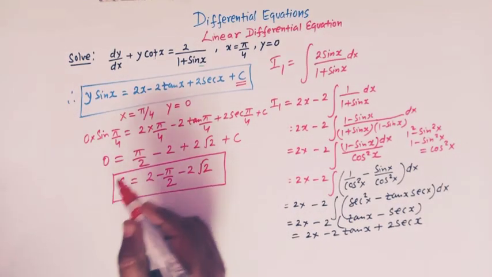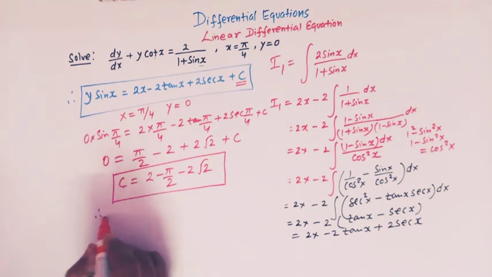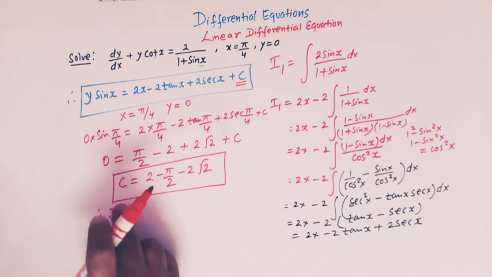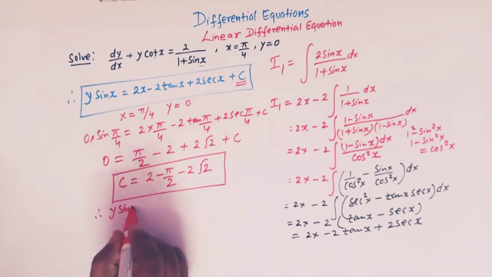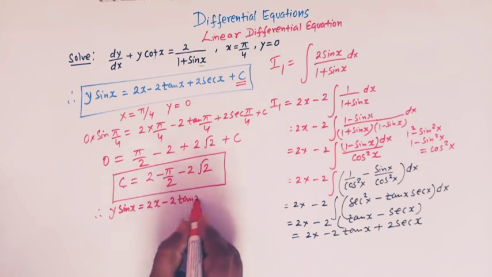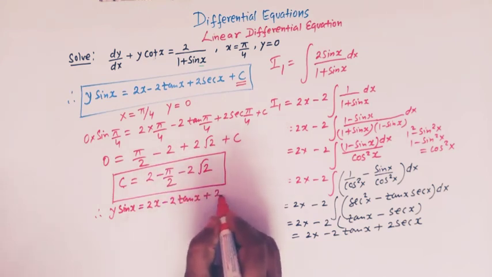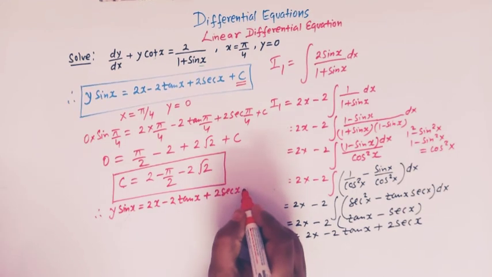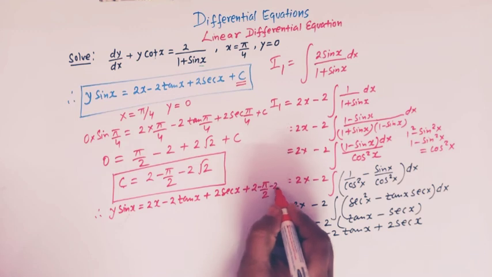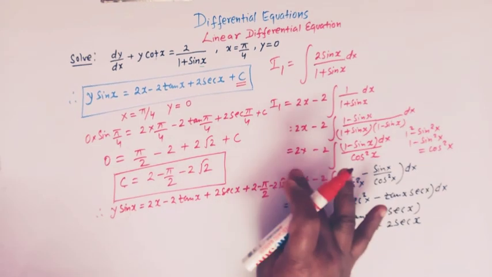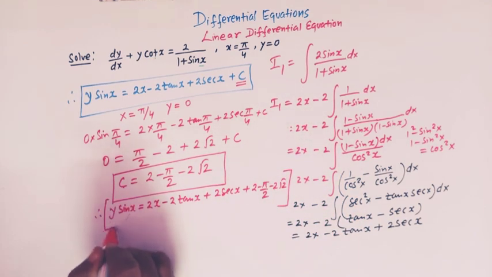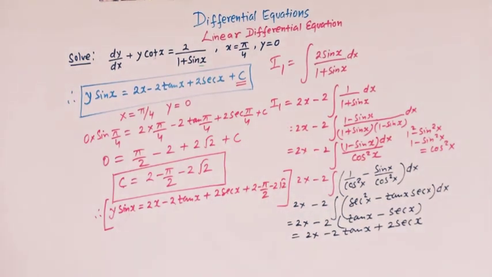So now substituting c over here, we get the particular solution, that is y sin x is equal to 2x minus 2 tan x plus 2 secant x plus 2 minus pi over 2 minus 2 root 2, right? So this is the particular solution of this differential equation.